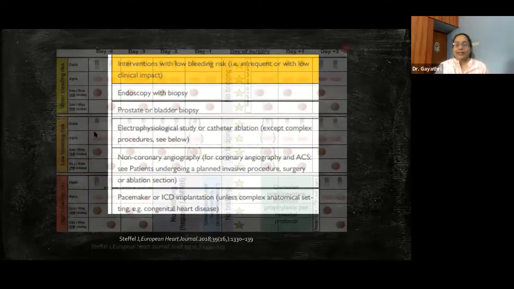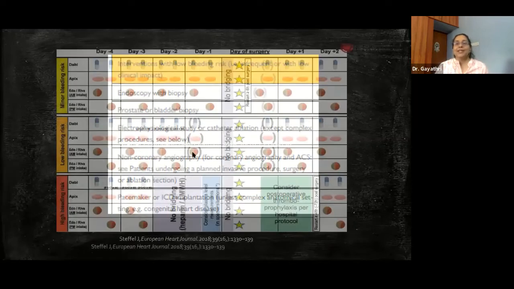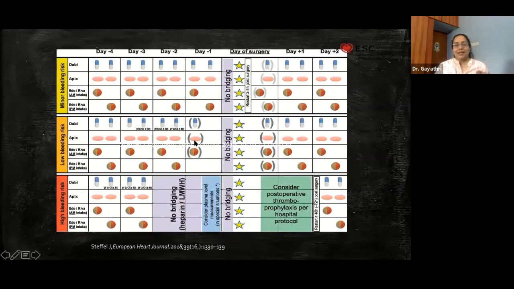In all these conditions, the morning dose is given even on the previous day of surgery, but we are omitting the night dose. The night dose of dabigatran, apixaban, and if the patient is on edoxaban or rivaroxaban, the PM intake is also omitted. There is no bridging. The morning dose is omitted, and then the drugs are restarted in the night, not after 6 hours. So this is something which we have to know.